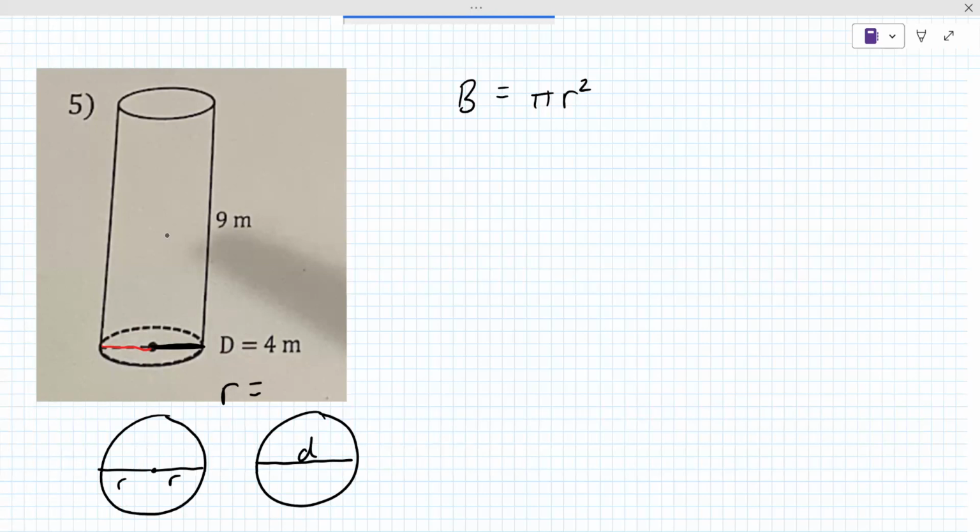What's the value of the radius? The value of the radius is 4. The diameter is 4. The diameter goes all the way across the circle. The radius starts at the center and goes out. Can you tell me the value of the radius?